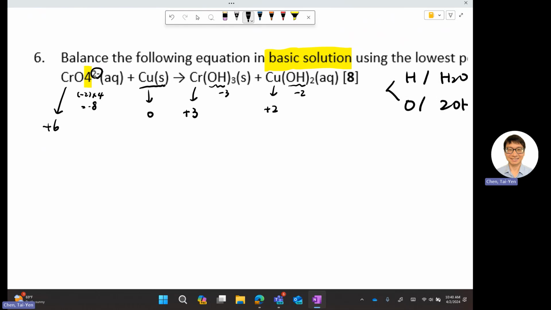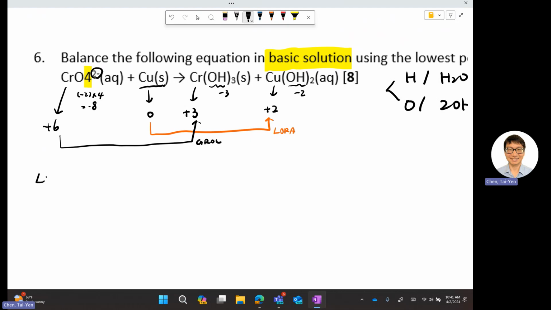Once you identify all of these, the next thing is to identify who is the LoRa and who is the G-Rock. Copper goes from 0 to +2, so it will be your LoRa. CrO4 2 minus becomes Cr(OH)3, so you gain 3 electrons, so that's your G-Rock.